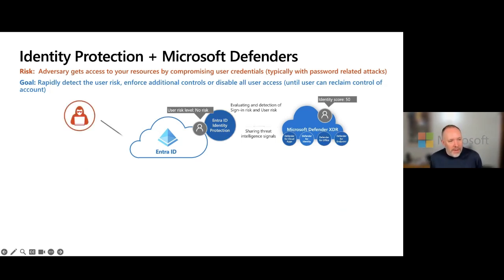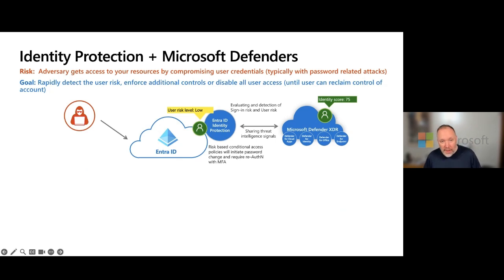But then the attacker comes, and the attacker manages to compromise a user, and the user risk of this user is increased too high. This is everything we've been talking about so far. That increases the score, and that has certain responses. The response that we normally would do is force the user to re-authenticate with MFA, for example, which then triggers the risk to be reset, and you see the identity score goes back down.